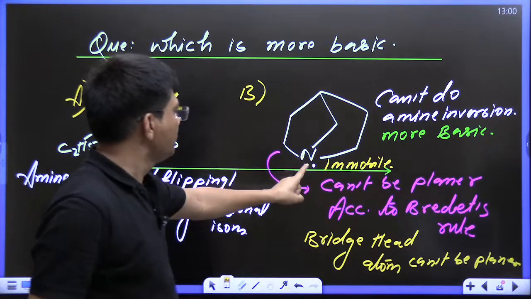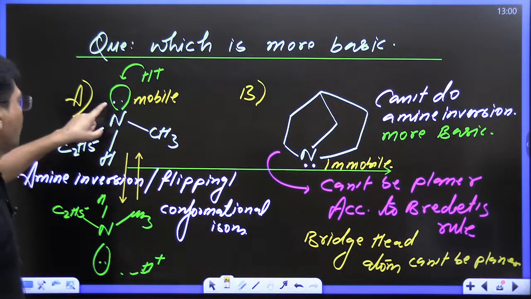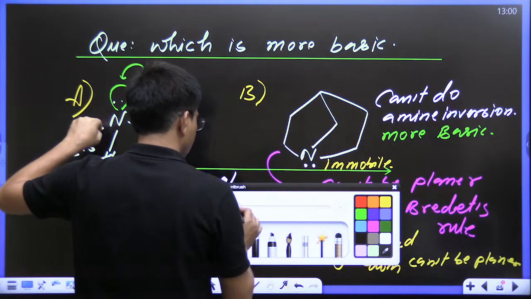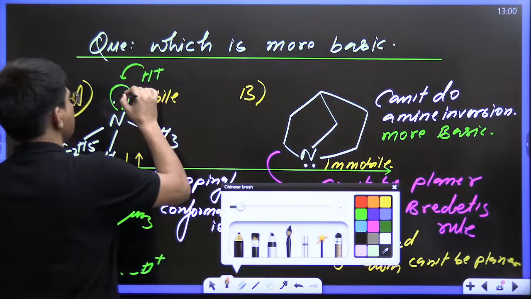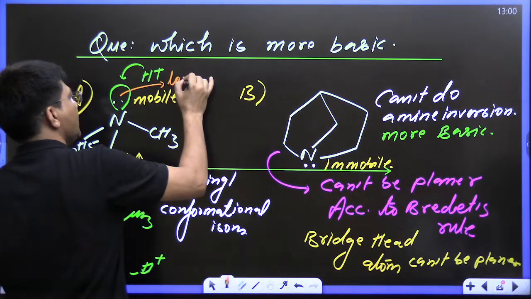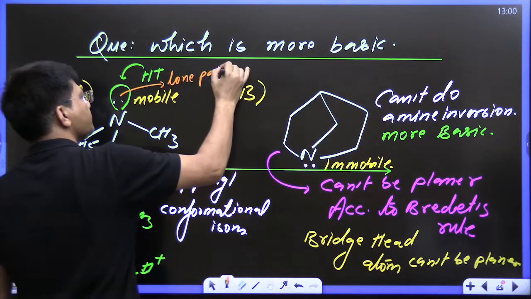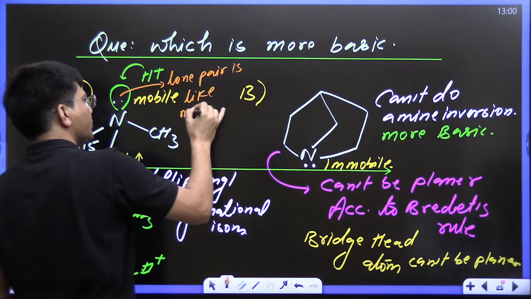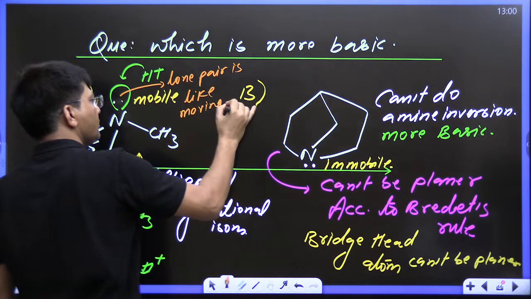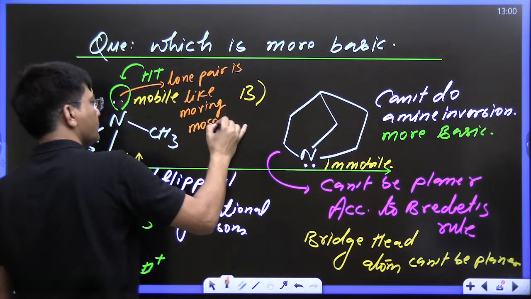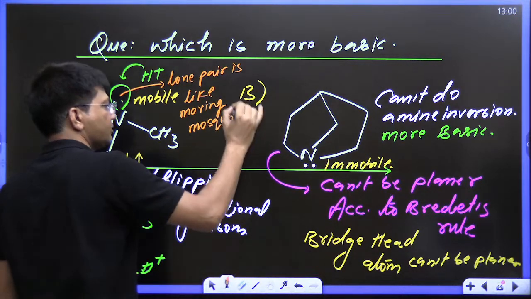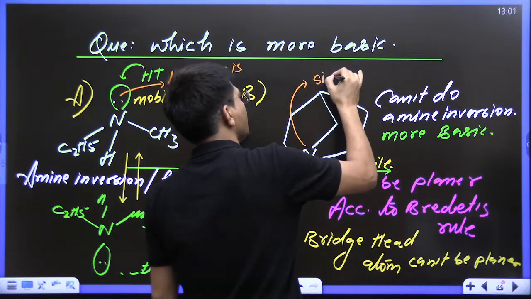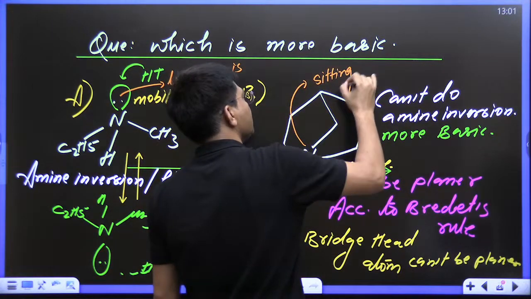So this lone pair is like a moving mosquito, and this lone pair is like a sitting mosquito. So easy kill.